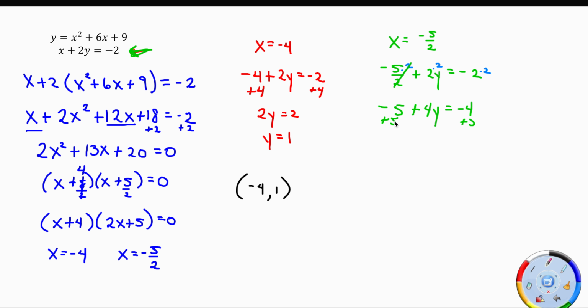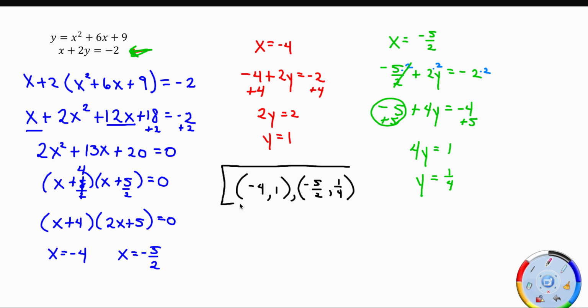Add 5. So 4y equals 1. y equals 1/4, meaning my other solution is when x is negative 5 halves, y is 1/4. And there are my two solutions.